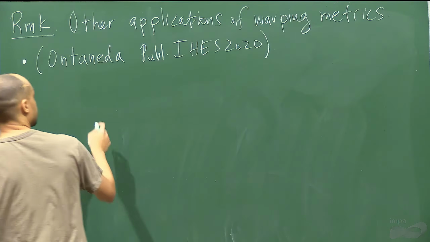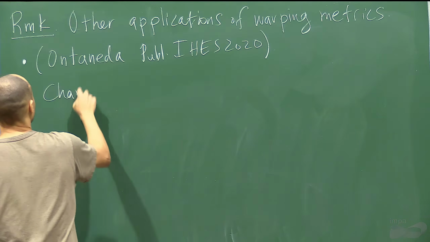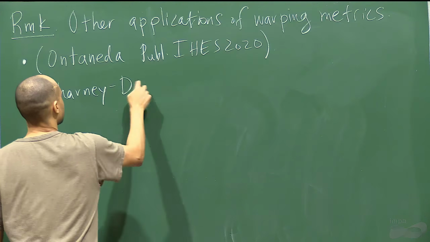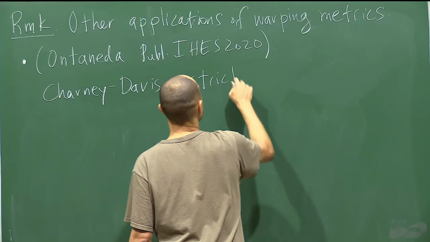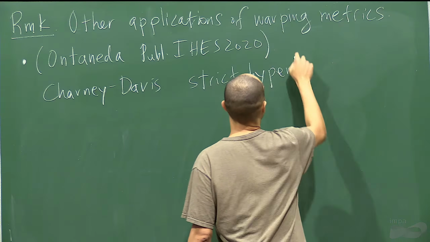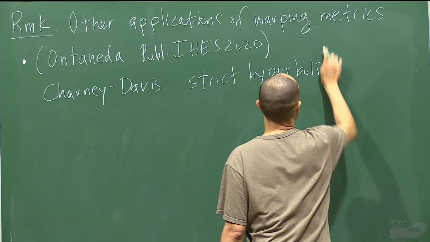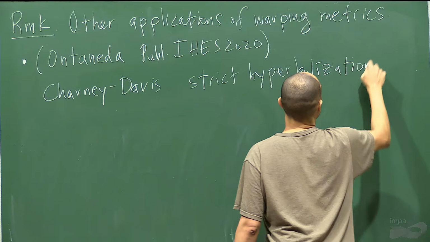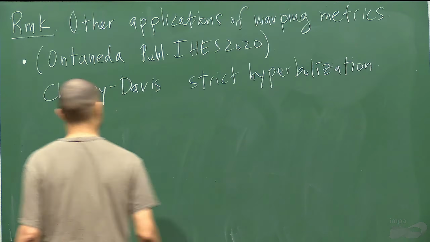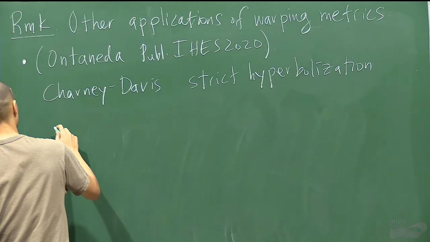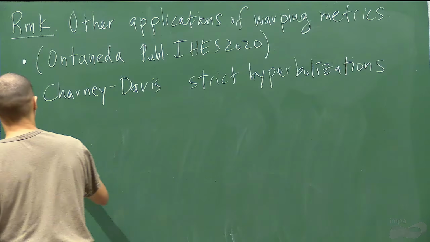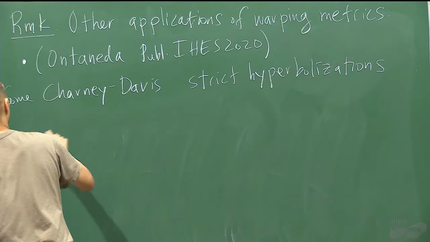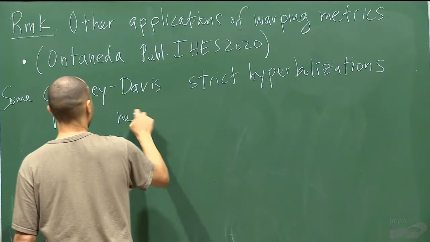So it's a result of Antoneta that says that Charney-Davis strict hyperbolizations, so Jean defined that in his talk last week, I won't say what it means here, well, some of them have negatively curved metrics.